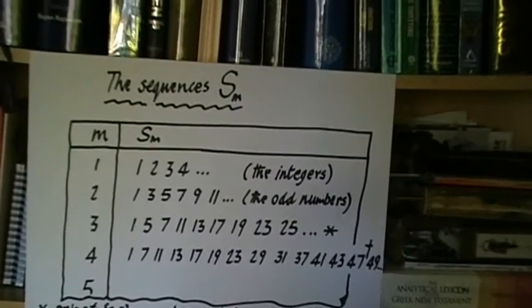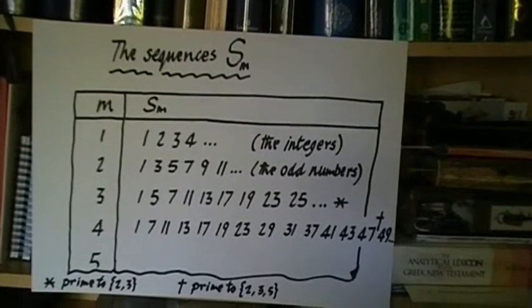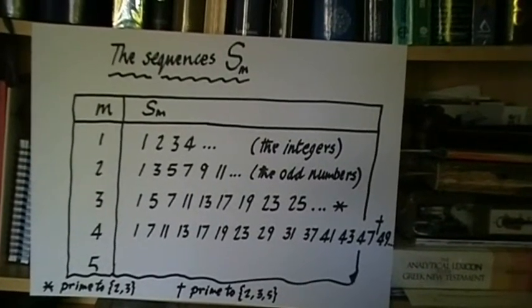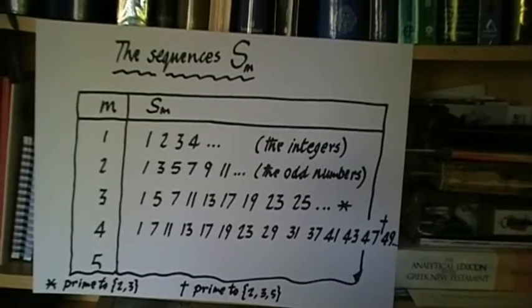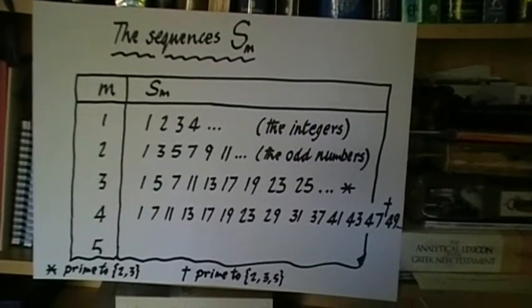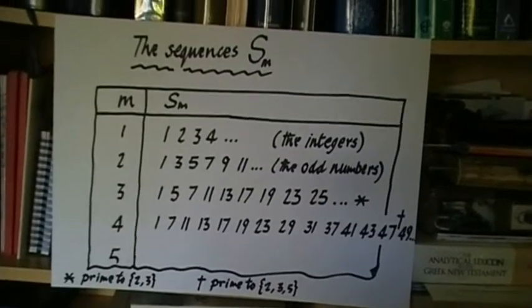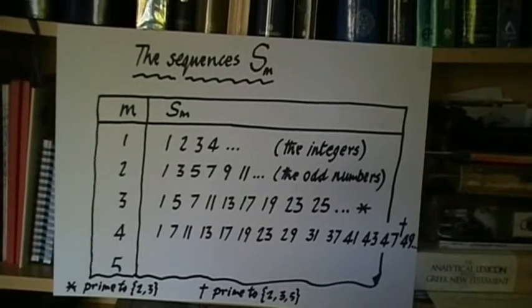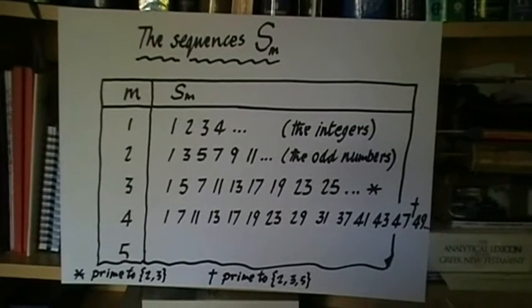We drop divisibility by 1, that's trivial now, and that gives you the odd numbers 1, 3, 5, 7, 9, 11. S3 is the sequence prime to 2 and 3: 1, 5, 7, 11, 13, 17, 19, 23, 25, and so on.